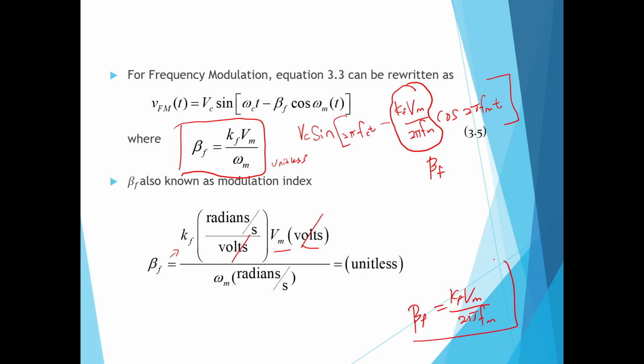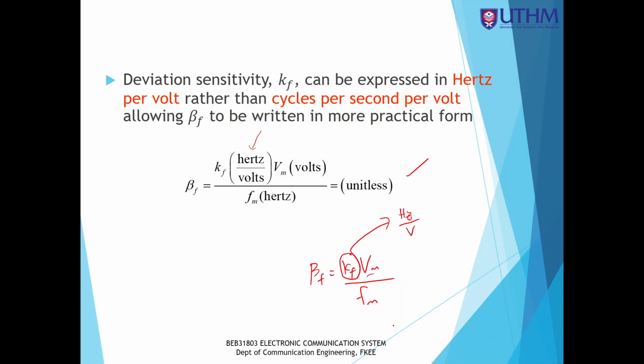That's why it becomes hertz per volt multiplied with volt divided by hertz.